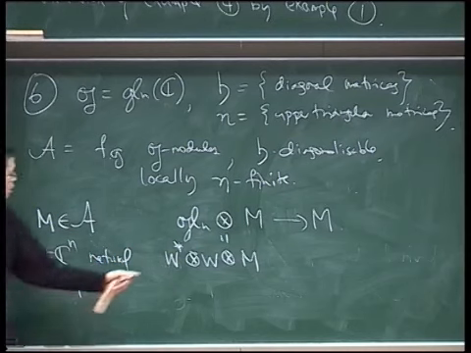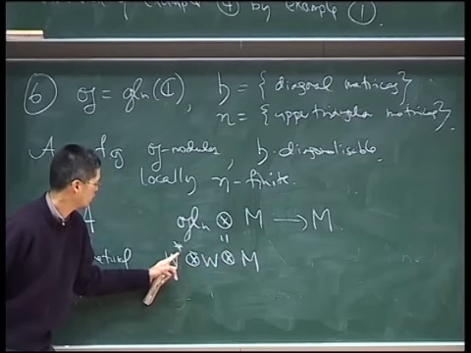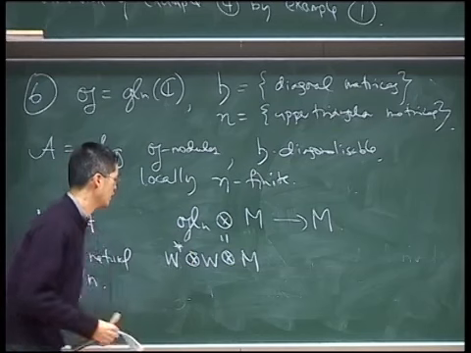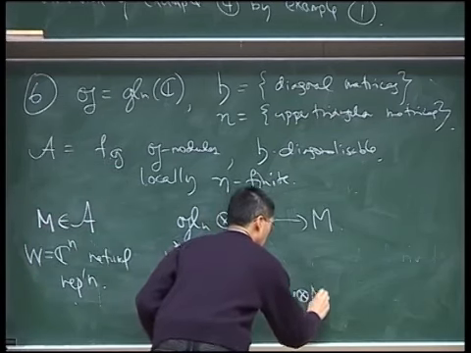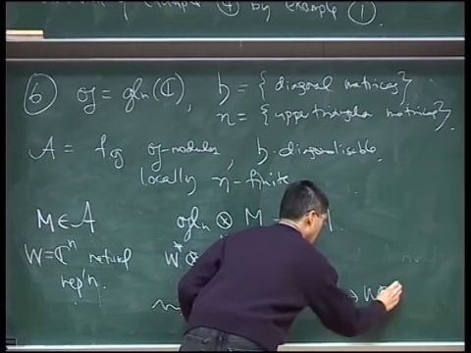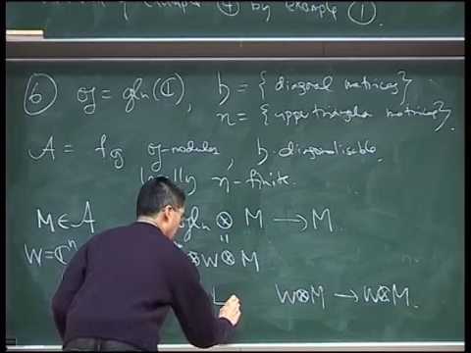Okay, and then I can take the adjoint of this map. I can move the W star to the other side to get an endomorphism of W tensor M, which I'll call L M.